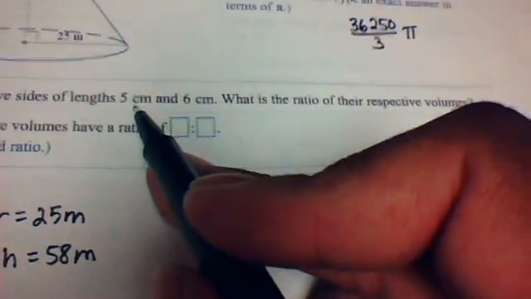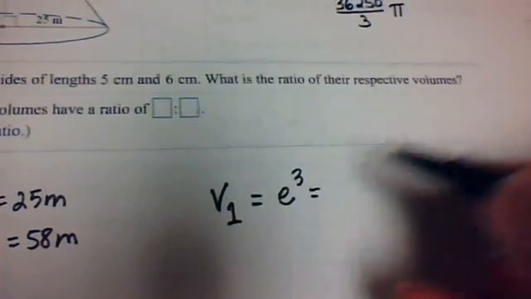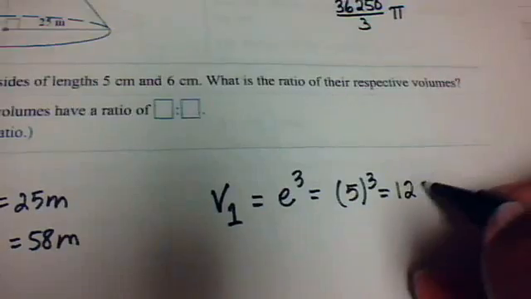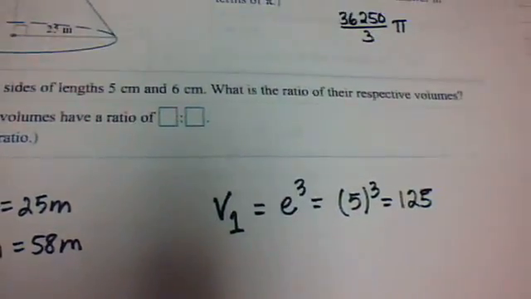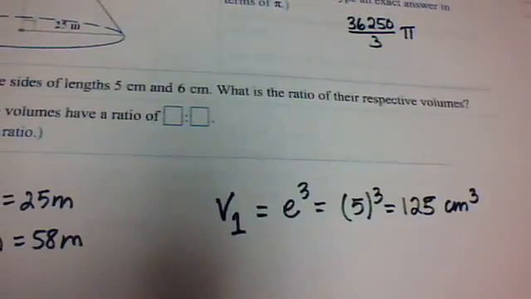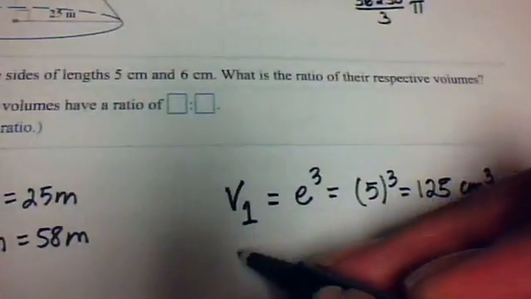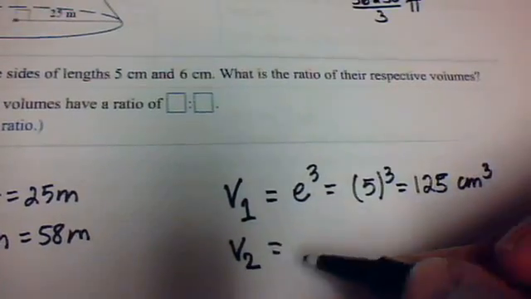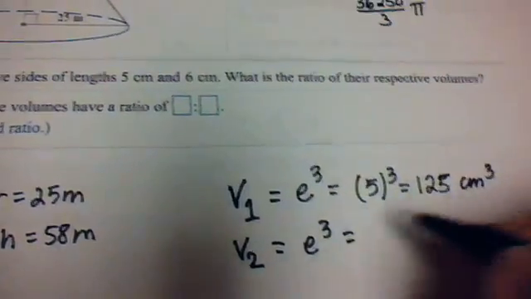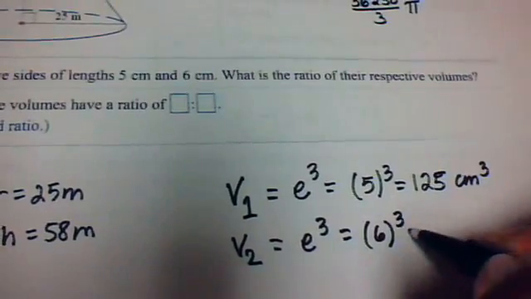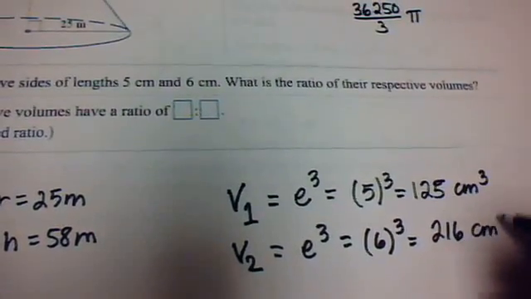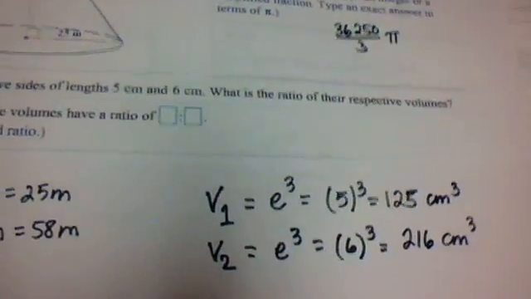And the first cube has a length of 5, so it'll be 5 cubed, which is simply 125 cubic centimeters. And then the second cube has an edge of 6 centimeters, so it will be 6 to the 3rd, or 216 cubic centimeters.